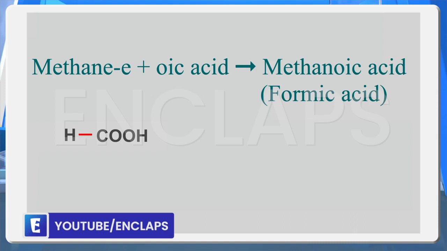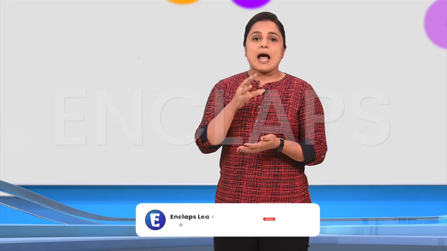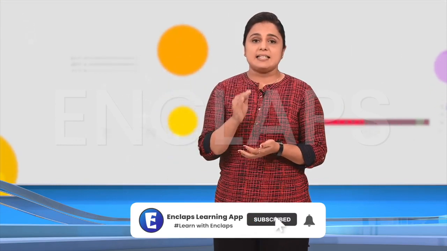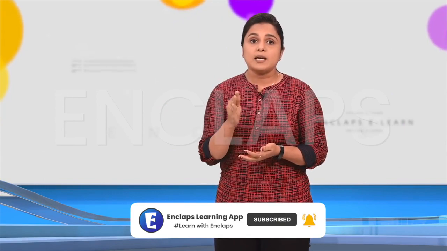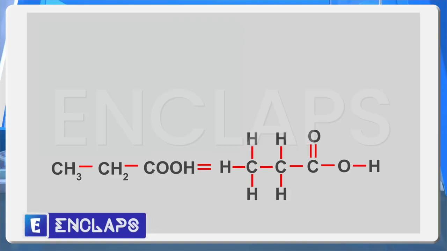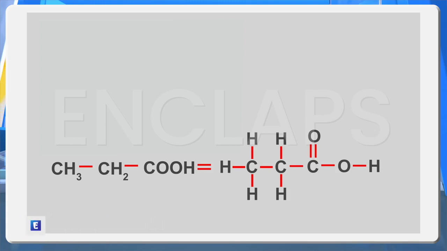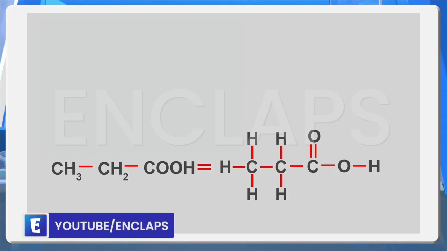The common name of methanoic acid is formic acid. The acid present in ants is methanoic acid or formic acid. Clear? Then what will be the name of the carboxylic acid having 3 carbon atoms? CH3, CH2, COOH. Propanoic acid.